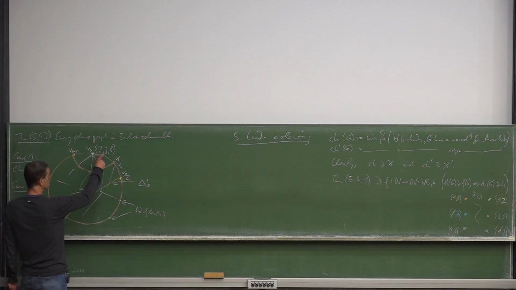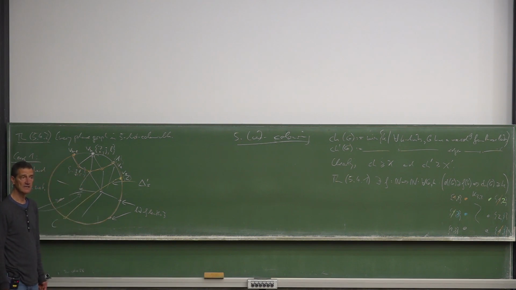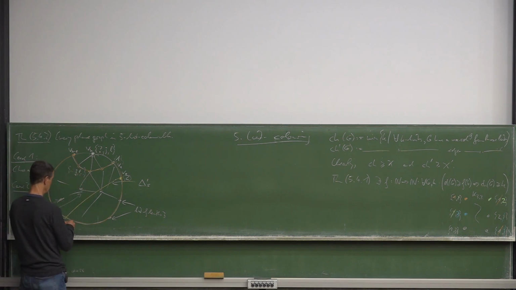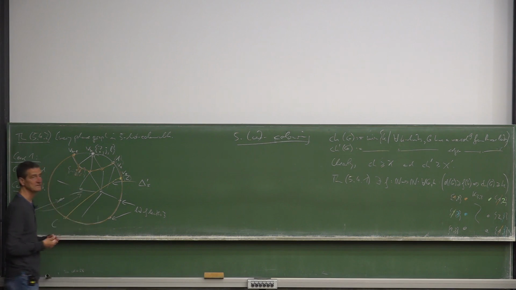Okay, now delete J and L from these lists here. So this has a list here where maybe J and L are among the 5 colors allowed. If so, delete them.